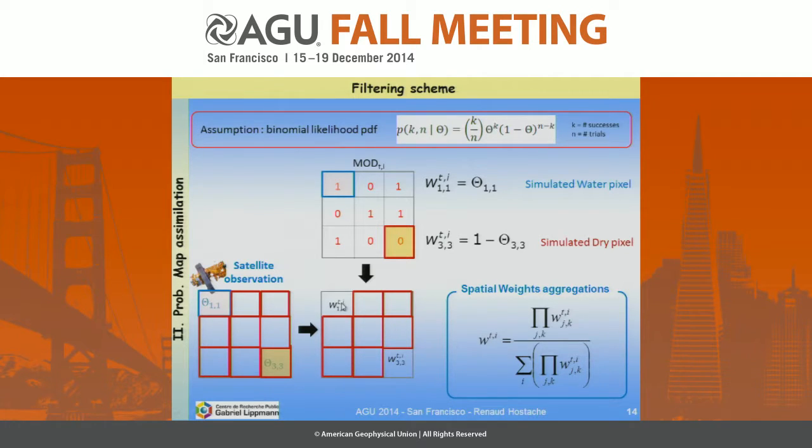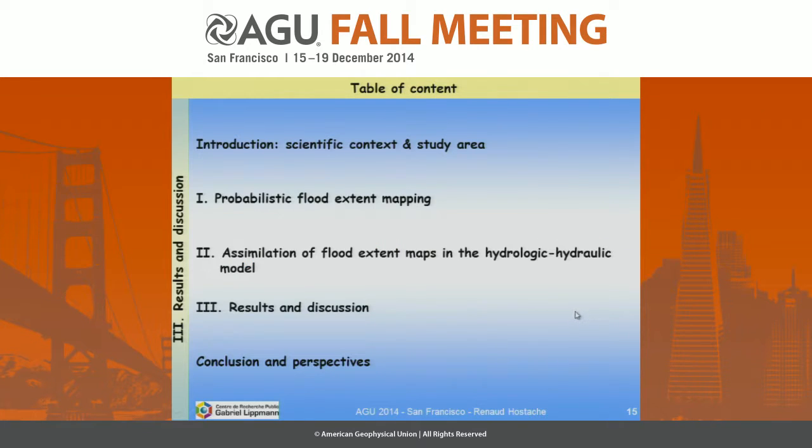We select only the pixels for which the models are in most disagreement, meaning that 50% of the particles say that this pixel is flooded and 50% not. From this, we aggregate the weights only on the selected pixels, and we get global weights for each model.